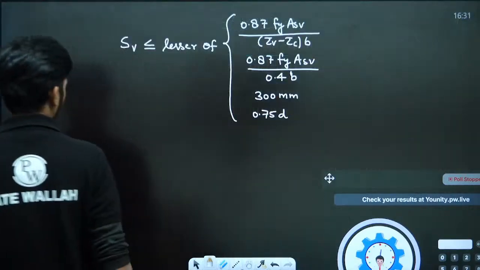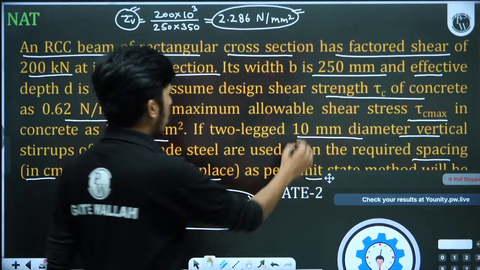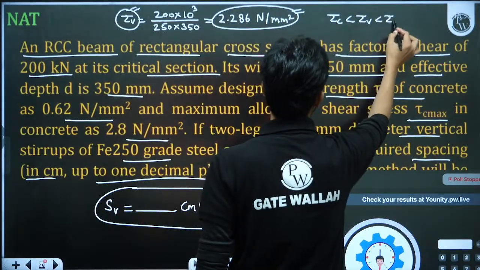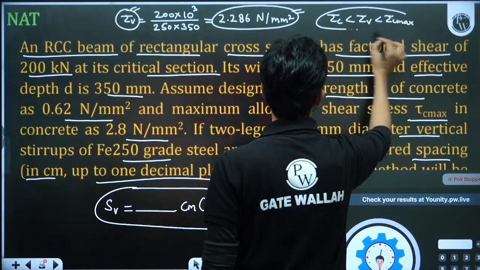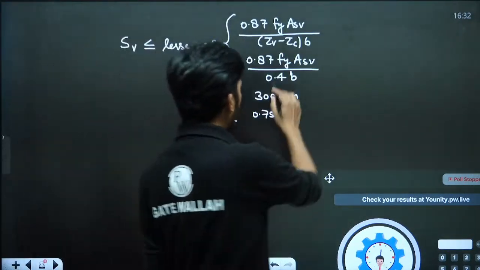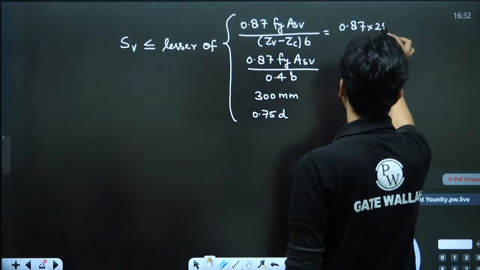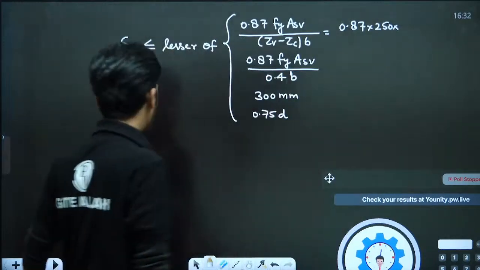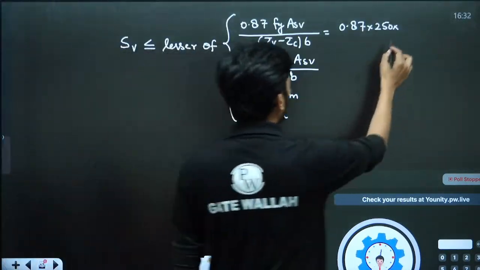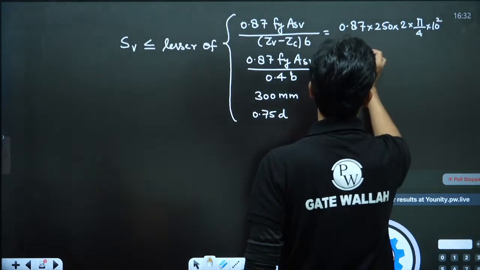Okay. Next, what is tau c? Tau c is 0.62. So tau v is more than tau c, but less than tau c max. So in this case, we have to provide stirrups. We have to design the stirrups. Now tau v minus tau c is how much? 0.87 into Fy, which is 250, and area of stirrup for a two-legged stirrup of 10 mm diameter is 2 into pi by 4 into 10 square, upon (tau v minus tau c) b.